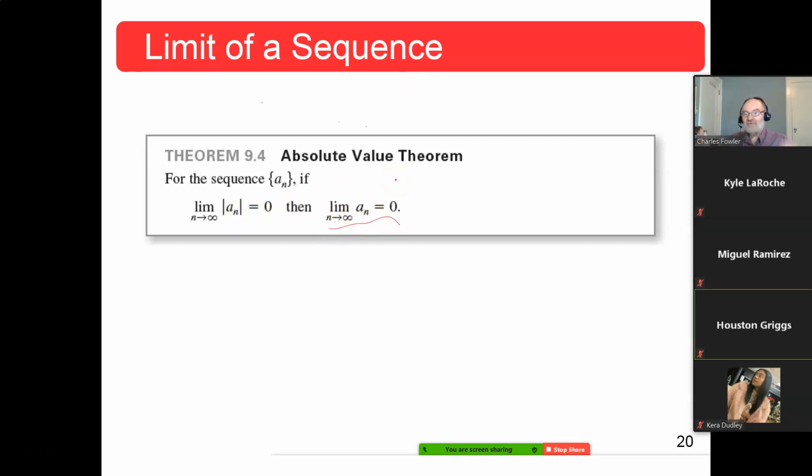So the absolute value theorem, if you can show that the absolute value of a sequence is going to 0, that guarantees the sequence is going to 0. Okay? Now the reverse is not necessarily true. Just because a sequence goes to 0 doesn't guarantee its absolute value does. But if the absolute value does, you guaranteed that the sequence will.